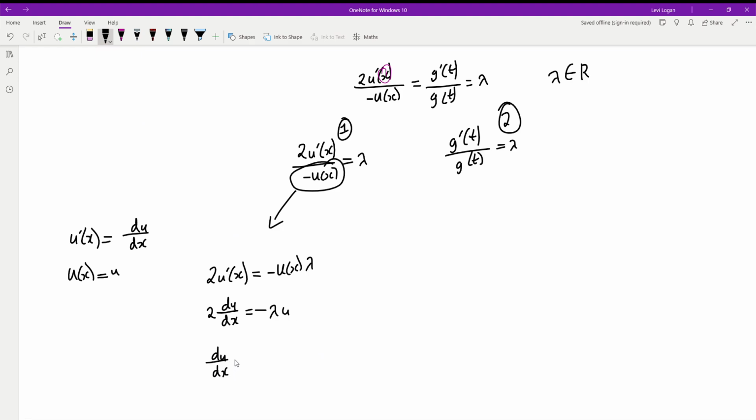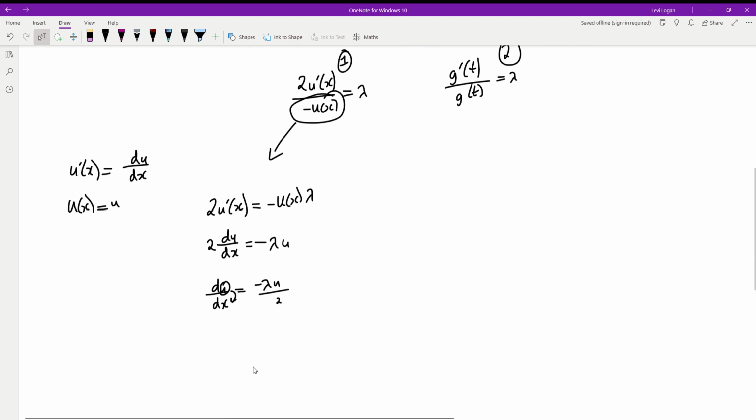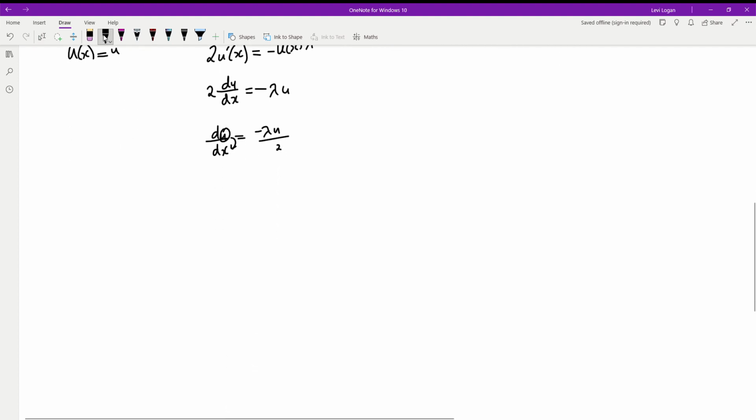Negative lambda over u. Now, we can't integrate yet because we need this variable on the bottom here. So we're going to flip both sides of these equations. So we're going to have on the left dx over du is equal to 2 over lambda u.